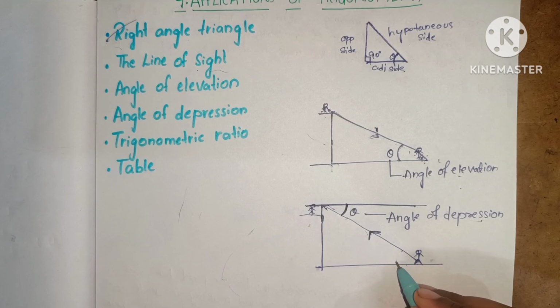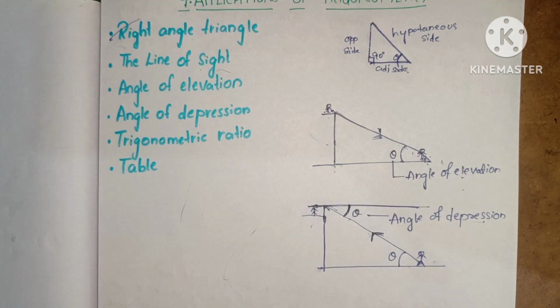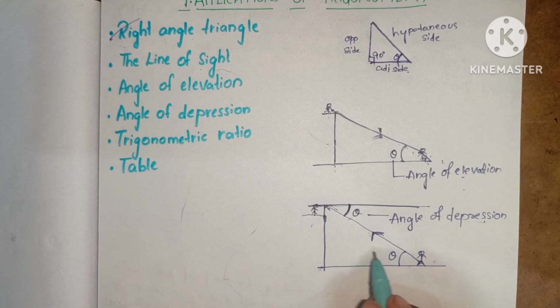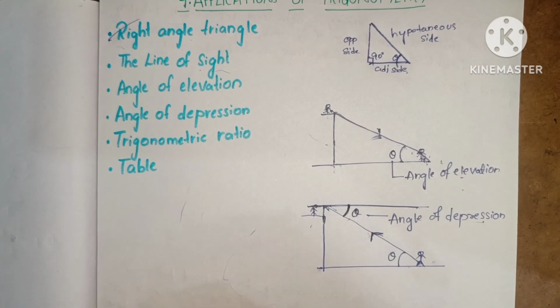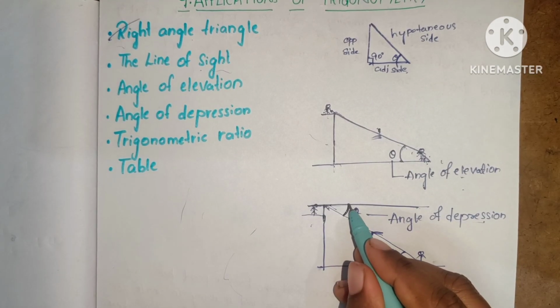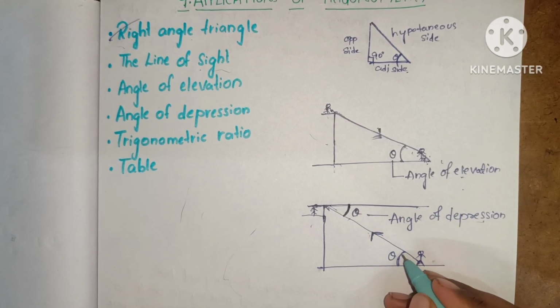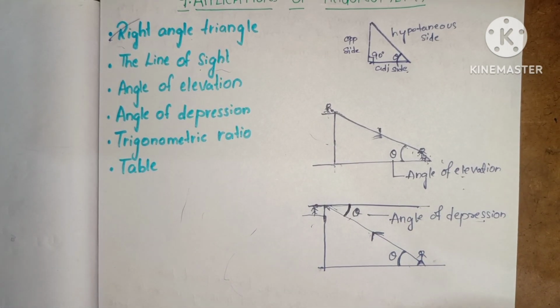I told you that one angle was created when a person was looking in the upward direction, that angle is theta, and another angle was created when the person was looking in the downward direction, that is also called theta. This angle is always equal to this angle, that means the angle of elevation is equal to the angle of depression. How?